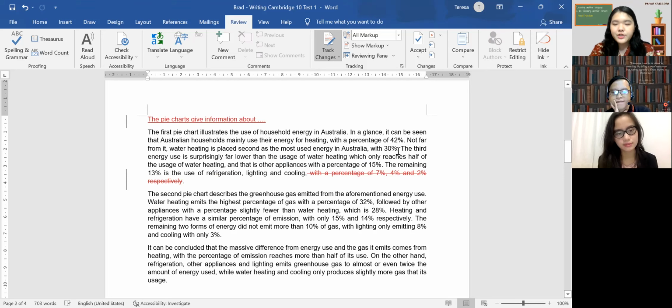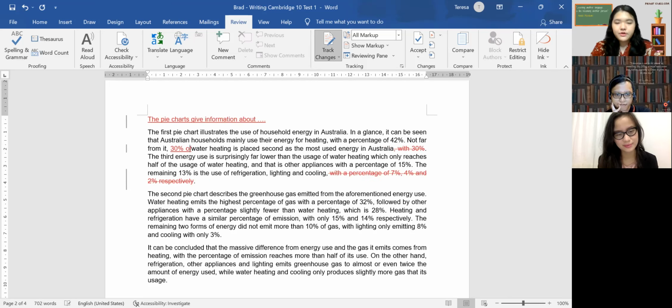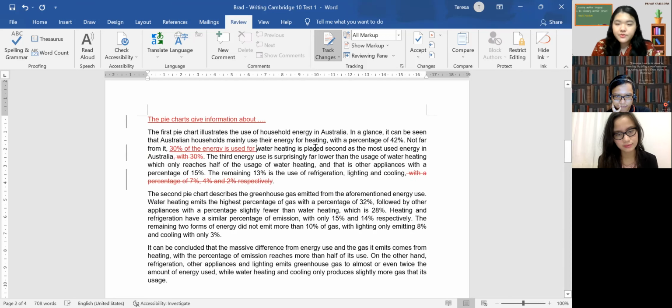Okay, for example, we're going to change this one so that it is put in front. You can say 30% of the energy use. Energy is used for water heating. Okay.